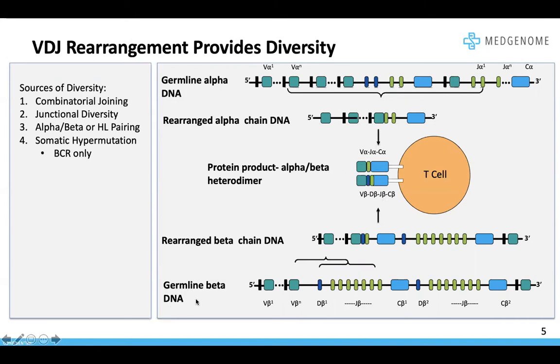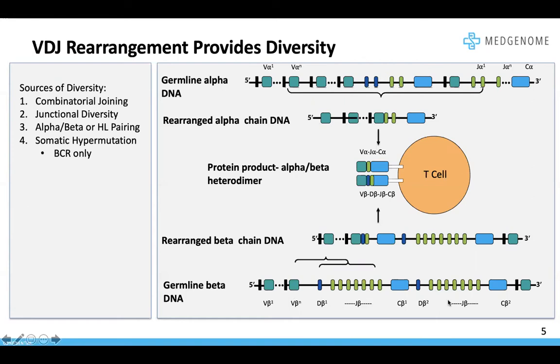And on the alpha chain, you have just the variable and the joining, so V and J. So the first step in creating diversity in the TCR starts at the germline DNA. For example, the germline beta DNA has multiple V segments that are non-continuous. It has multiple D segments and multiple J segments.